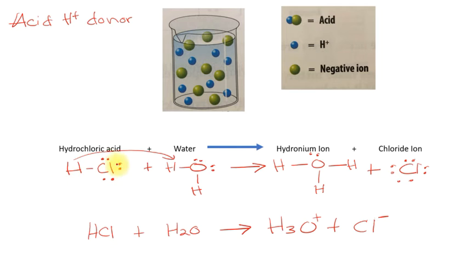So this hydrochloric acid is separating, releases its hydrogen ion, and that bonds with water, and you end up with H3O. So you could look at this equation and know that it was an acid just because you saw H3O here, hydronium.